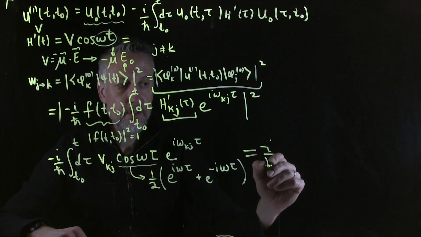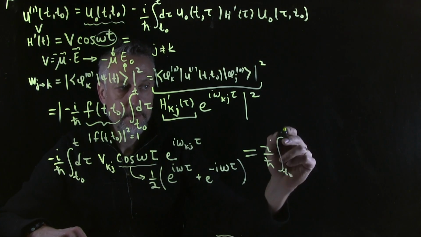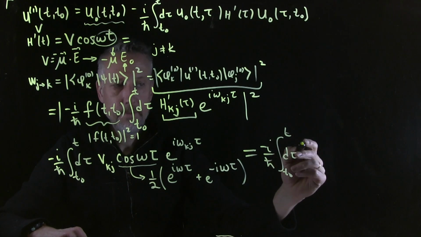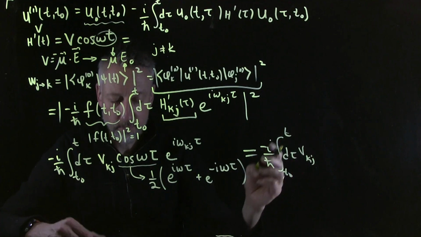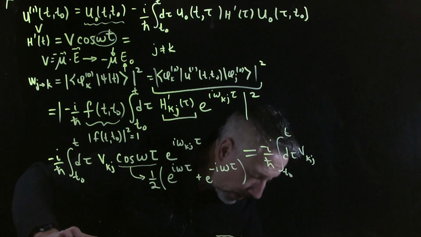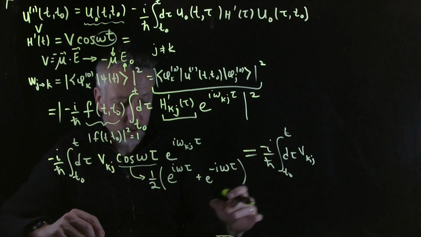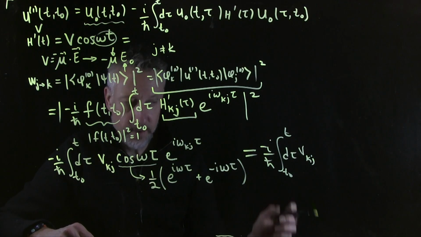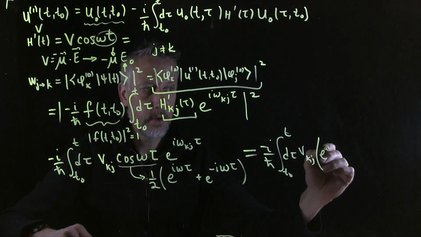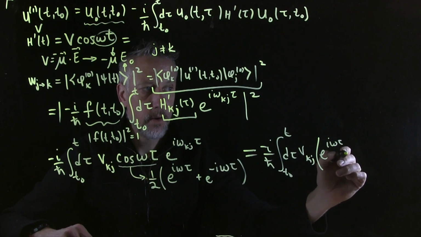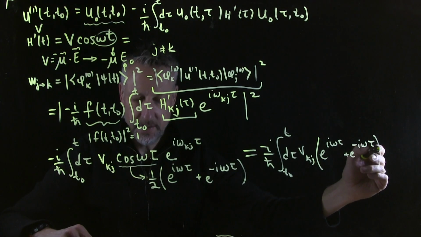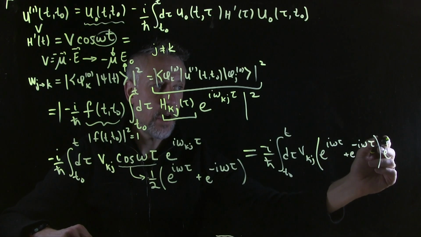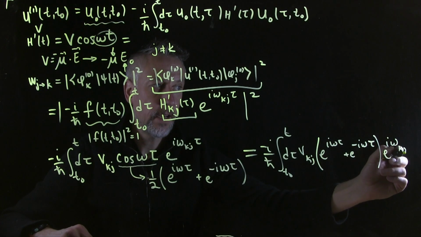So we have minus i over h bar, d tau. We have this magnitude that we will probably leave unworked out because it's going to depend on the problem that we're interested in, whereas the other conclusions will be very general. Then we write down the exponentials, e to the i omega tau plus e to the minus i omega tau, and then we have e to the i omega_kj tau.